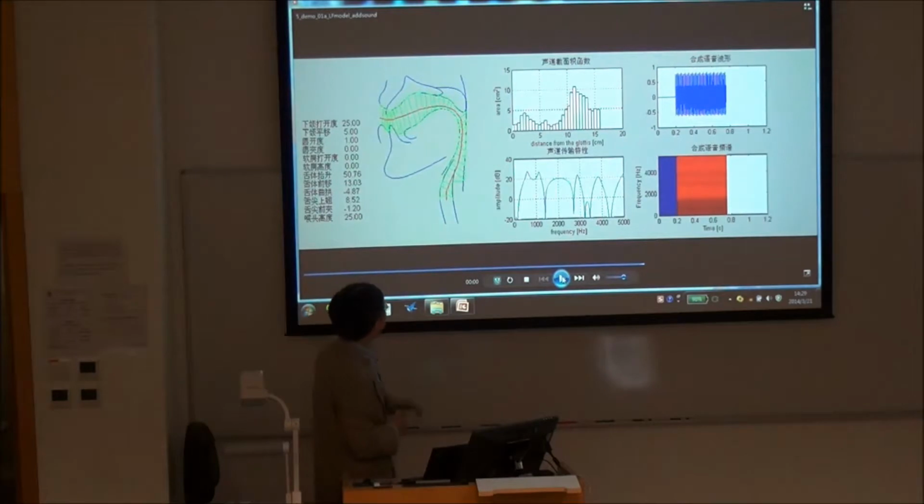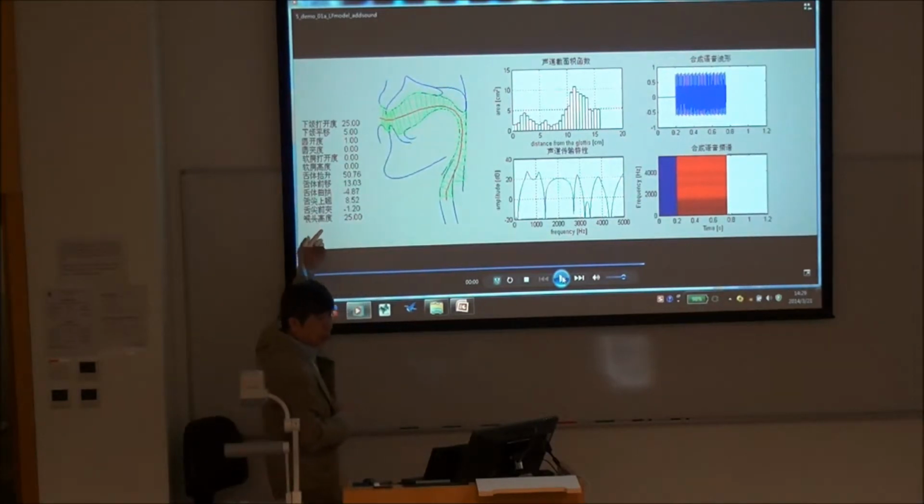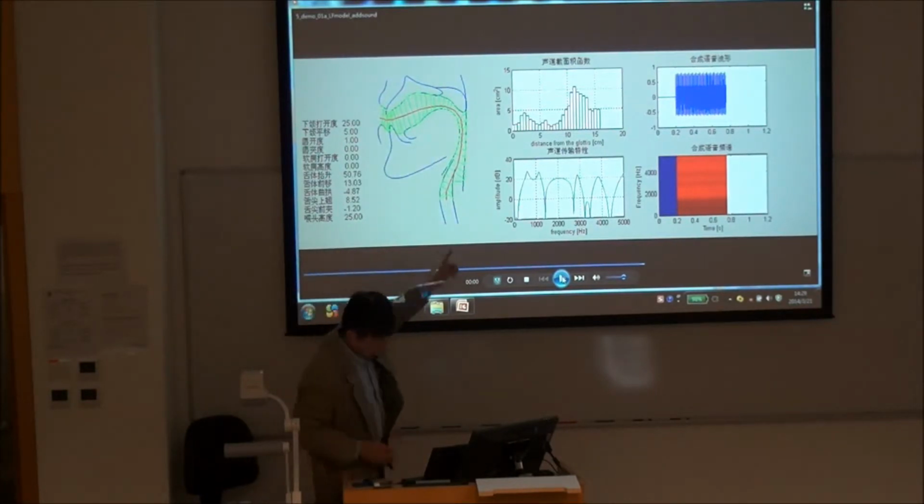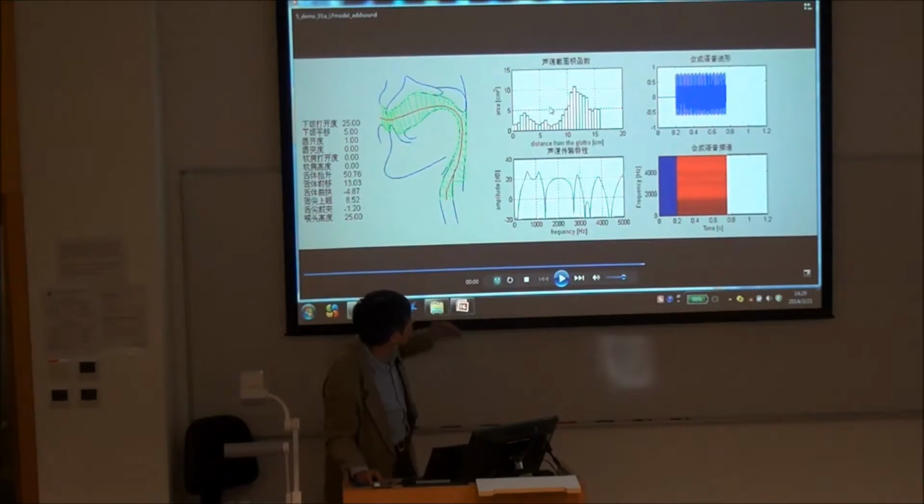This is the model. Now from here, you can see the parameters. There are 12 parameters. With these 12 parameters, we can synthesize a whole vocal tract. This is the area of the vocal tract, the different areas of the vocal tract.